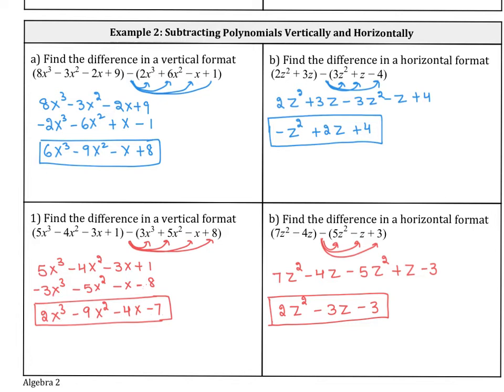So when I combine these like terms, I got the answer 2x cubed minus 9x squared minus 4x minus 7. Now I'm going to add the next one. First, distribute the negative inside. So you get negative 5z squared plus z and negative 3. Combine the like terms, you get 2z squared, negative 4z plus z is negative 3z, and then the constant is negative 3.